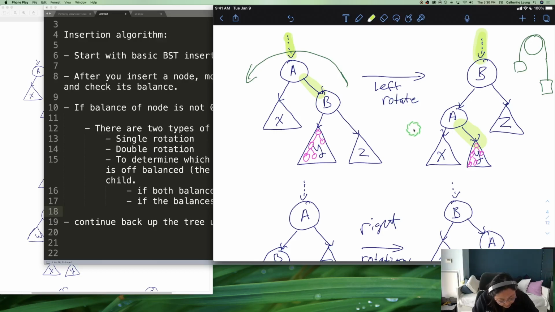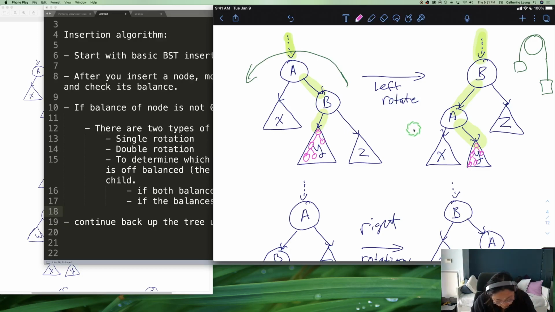Now, B's left pointer, which is over here, used to point to A. When it's finished, it points to the root of Y. So obviously, that has also changed. So those three pointers are actually different. They're pointing at different things than they used to.